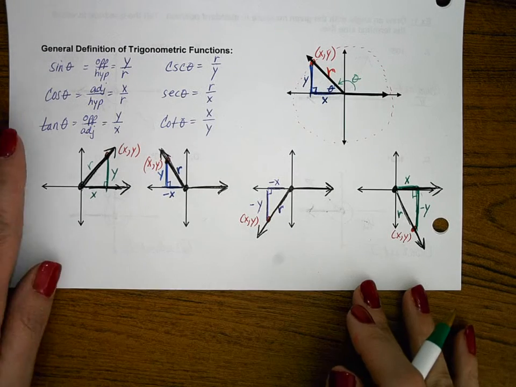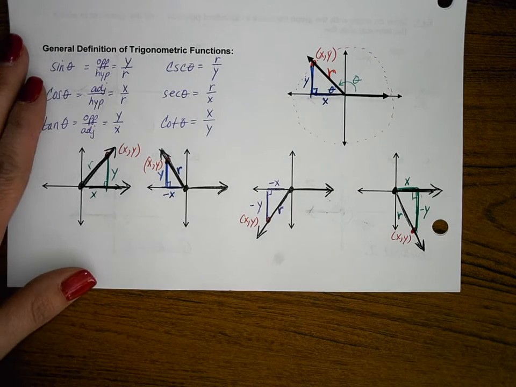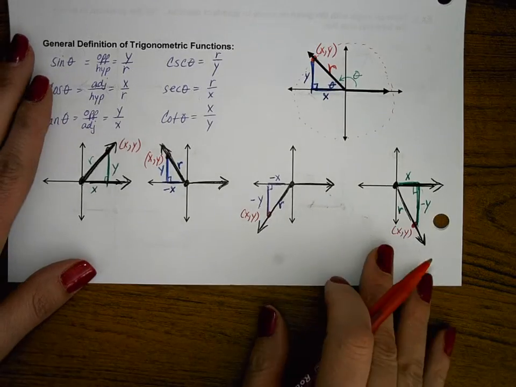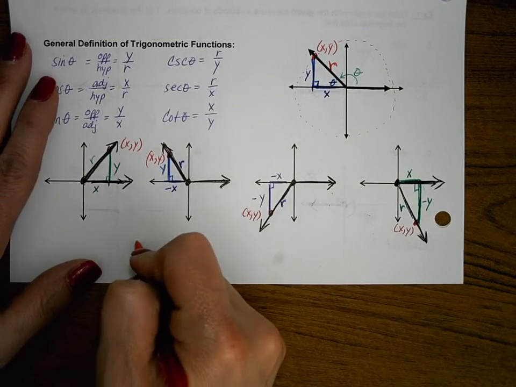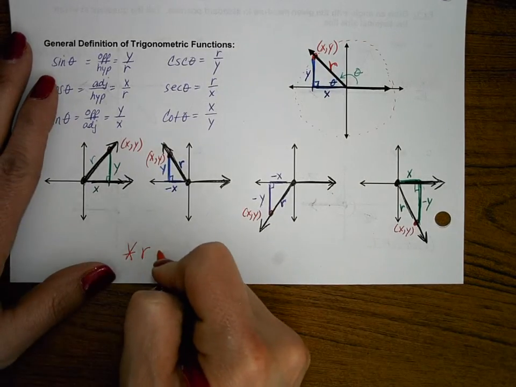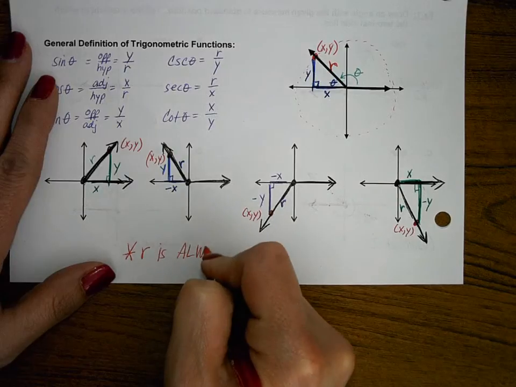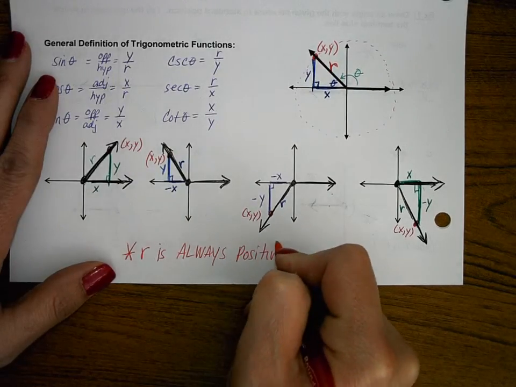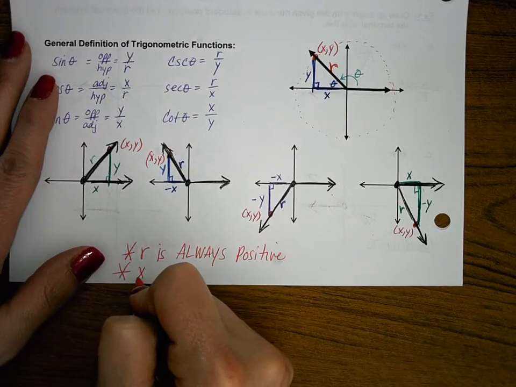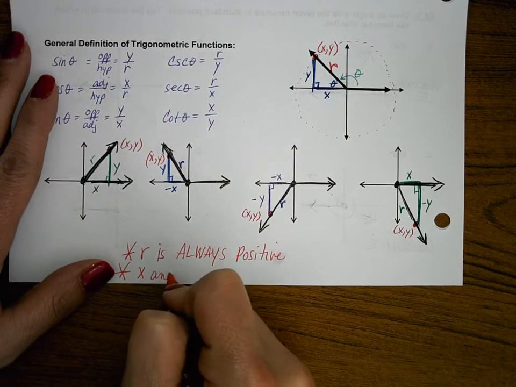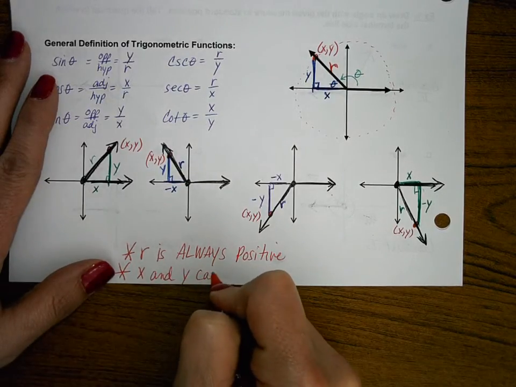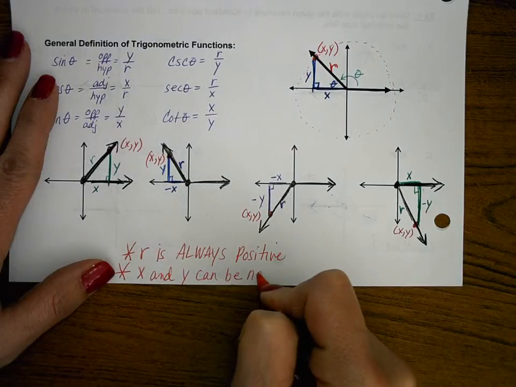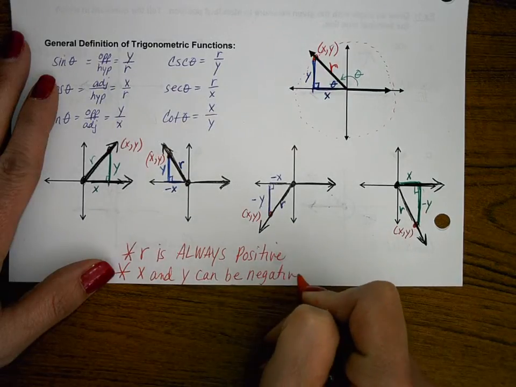Okay, so we need to remember, one little note we've got to make to ourselves. The r is always positive. The x and the y can be negative or positive.